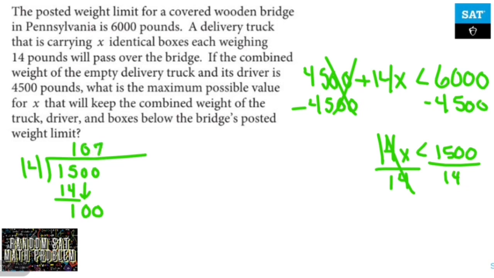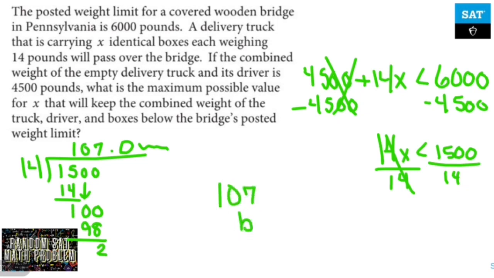So we're going to get 107 point blah, blah, blah. And I don't even care what the blah is, because I have to keep it at 107 or lower. So my answer is going to be 107 boxes.